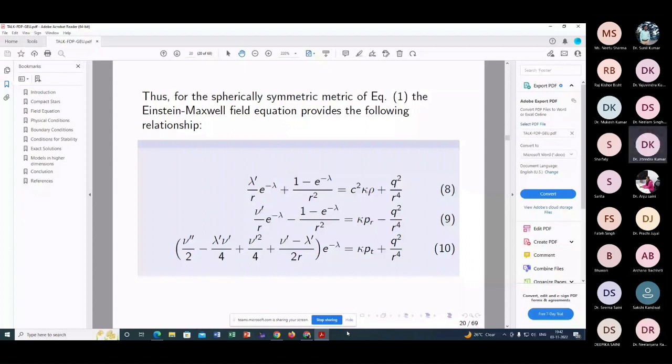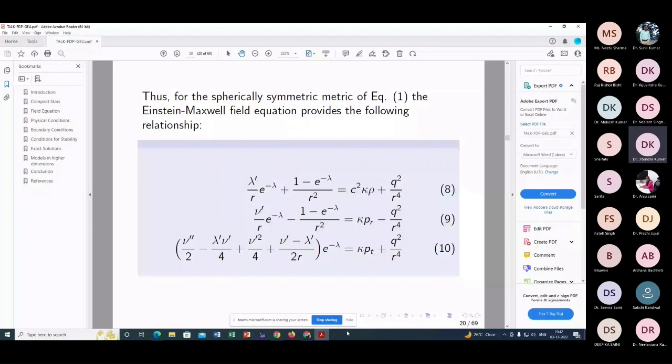To obtain analytical solutions, because we have 6 unknowns and 3 equations, we have to assume any 3 variables, and the other 3 we can find.